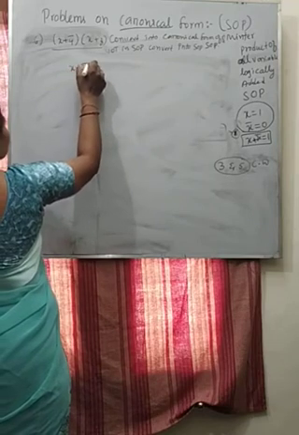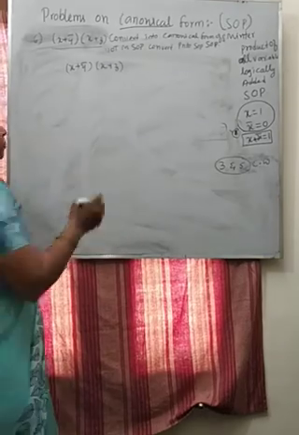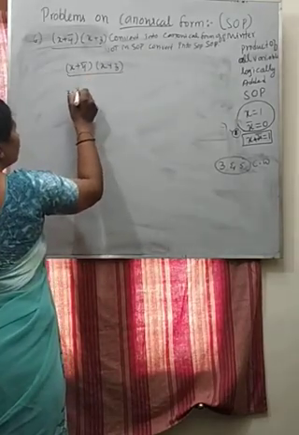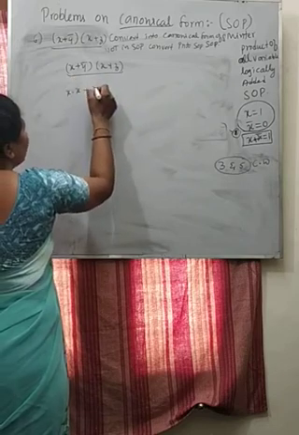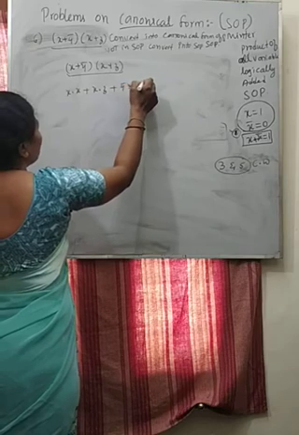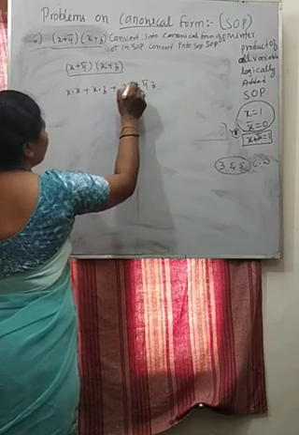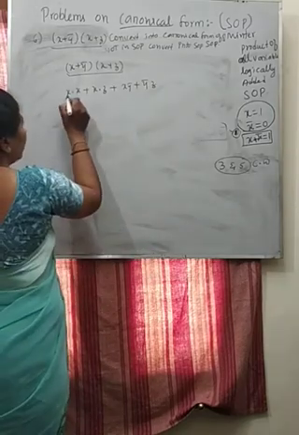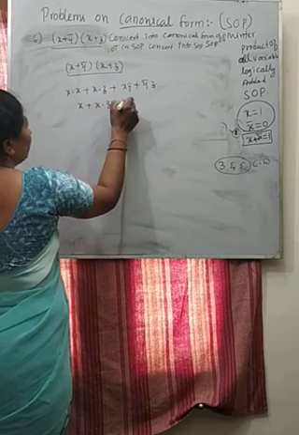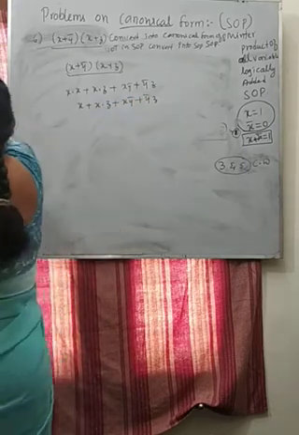Write down the expression x plus y complement into x plus z. Apply your distributive law so that you will get x into x plus x into z plus y bar x plus y bar z. So x into x can be written as x, plus xz, plus xy complement, plus y complement z.